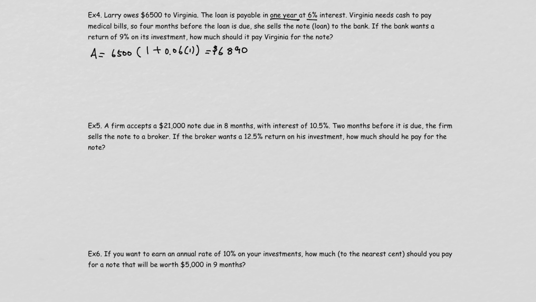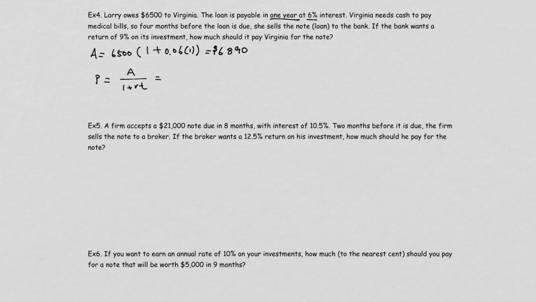But then the bank wants to have 9% returns. So you want to know what principal that had to be. So remember the other formula, principal is equal to A over 1 plus RT, right?